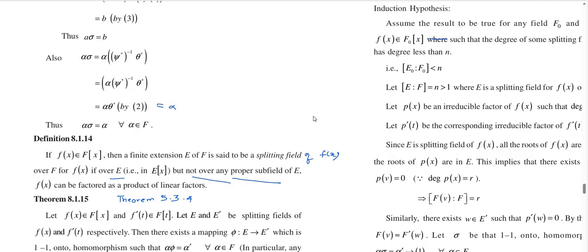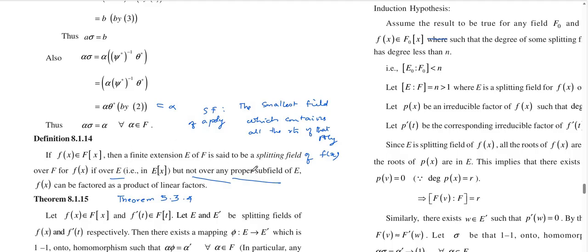Very simply, if you want to define it, the splitting field of a polynomial is the smallest field which contains all the roots of that polynomial. So if you now look at the definition given over here, it is the same.